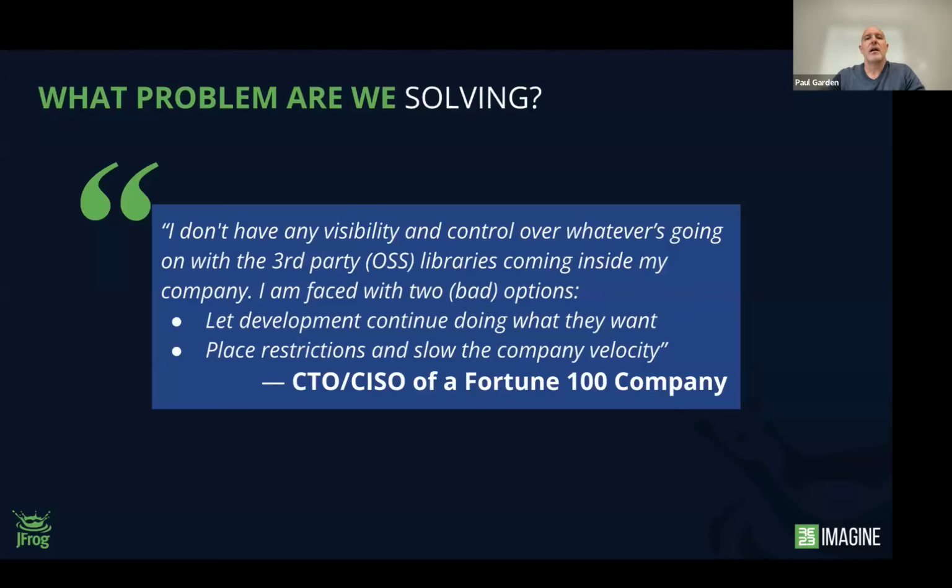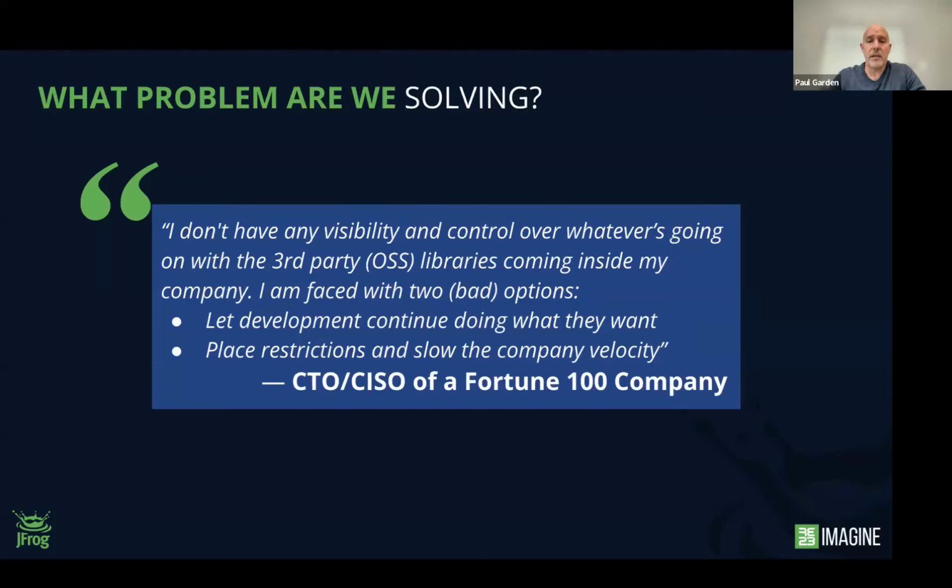Now, the reason this happens is developers are focused on one thing, and that's getting their coding done. They just want to come to work, write their code, get their things checked in, committed to the main branch, and move on. But more and more, developers are relying on open source packages to write their code, so they're also potentially bringing security risks into their organization.